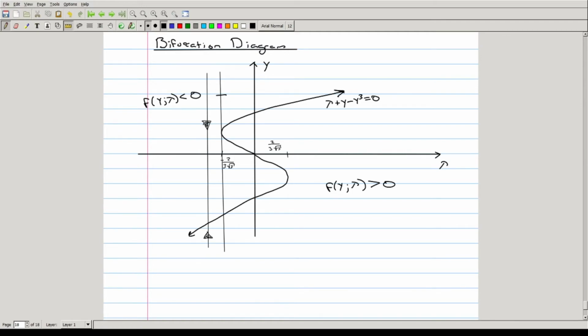The function's still negative here. And it's negative here. And it's positive here. So these 2 points correspond to our critical points.